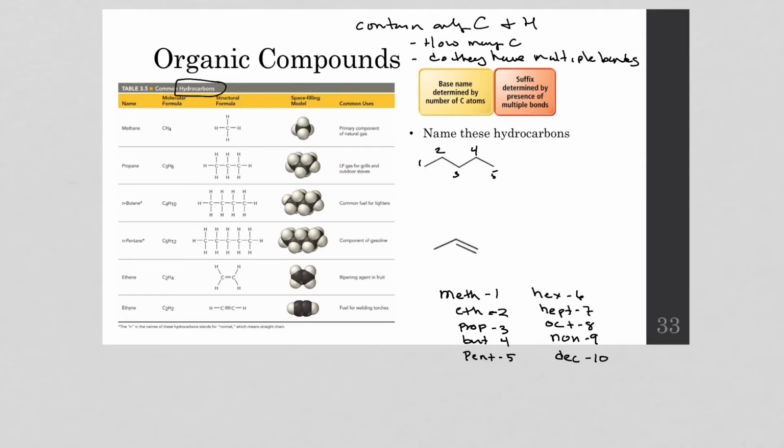But if we were to write this out in a more full context, this compound would look like this. The first carbon would have 3 hydrogens, because everything is going to have 4 bonds to it.